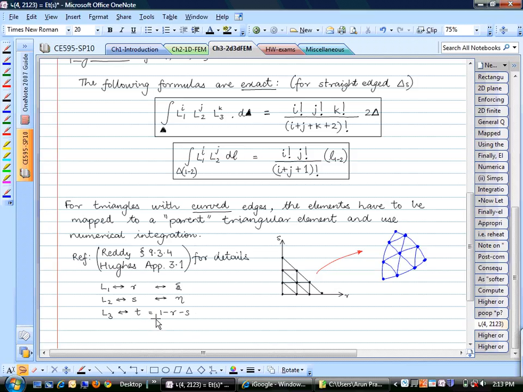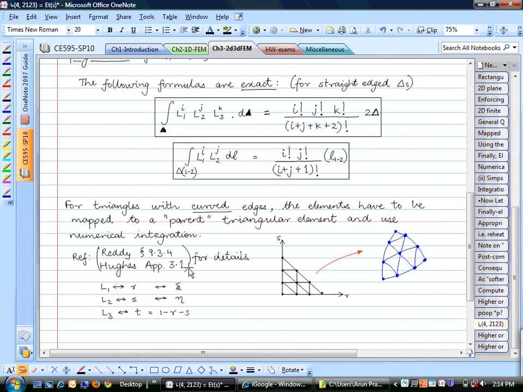So this gives you the third variable. So R is something similar to your xi variable, S is something similar to your eta variable, and there are rules for integration over a triangular domain. I think we are not going to use that in the code or in the homework problems, but if you want to take a look at how it is done, then there are some details in these two sections in the books.